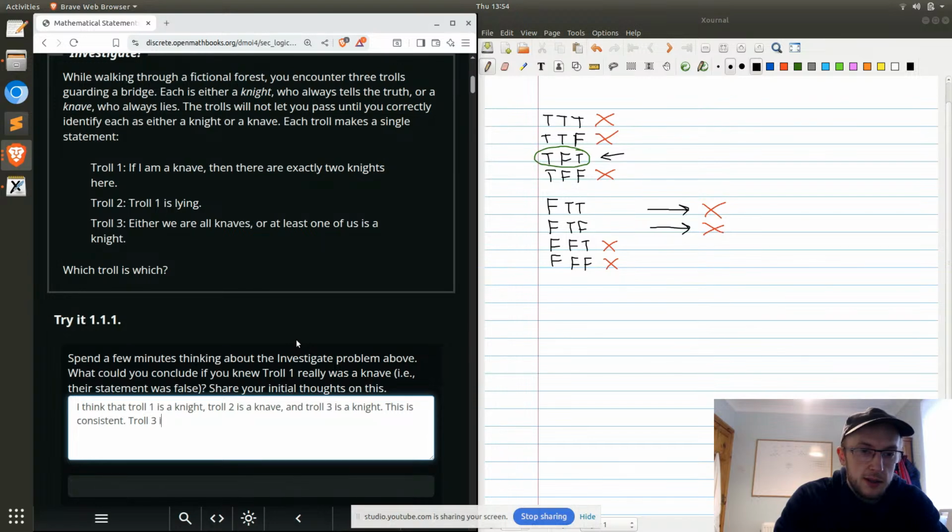Troll 3 is making a tautological, always true statement. Troll 2 is saying troll 1 is a liar, but lying about that. Troll 1 is telling the truth.